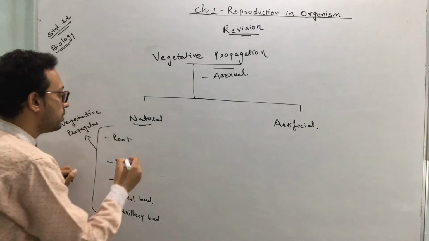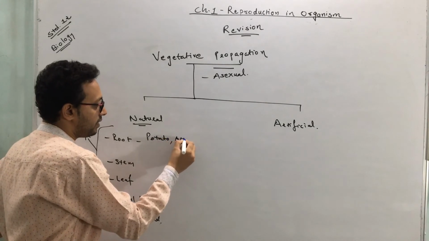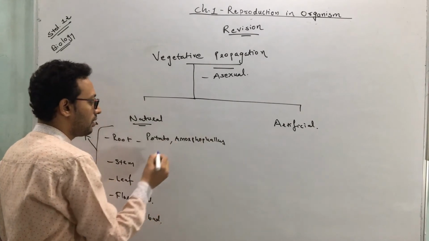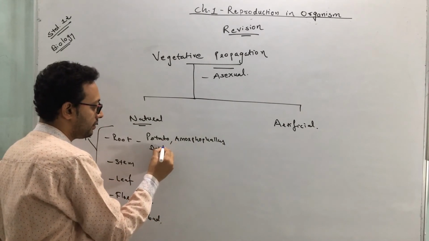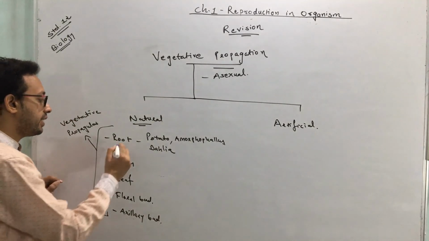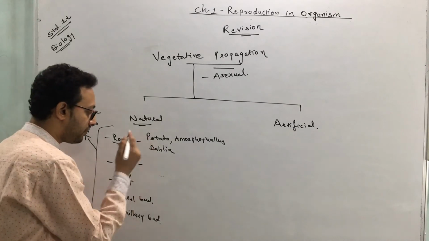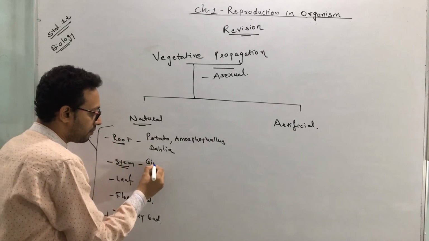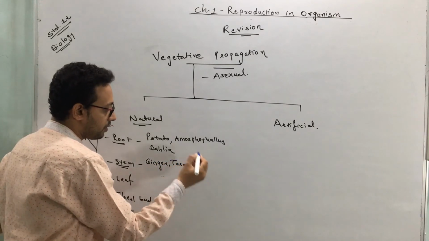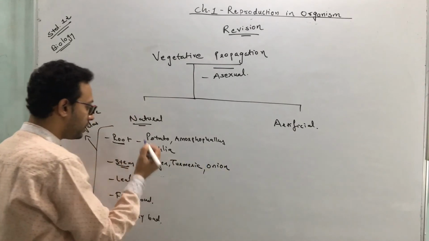So which involves a root? The examples are potato, Amorphophallus, and Dahlia. These are the plants which reproduce vegetatively with the help of root. Some plants use stem, for example ginger, turmeric, and onion.